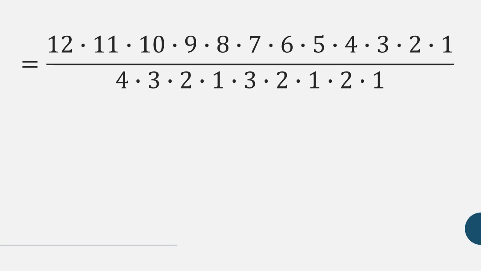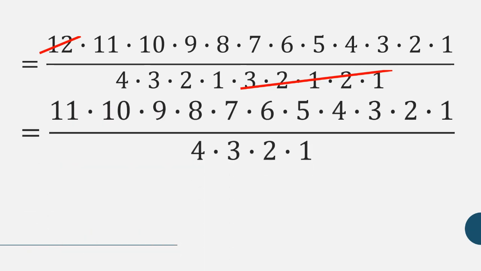So in this case, sinimulan ko ang pagka-cancel kay 12 at tinumbasan ko siya ng 3 times 2 times 1 times 2 times 1. So tinanggal ko na kagad yung 12 para at least nawala na tayo ng malaking number na i-multiply. Okay? So ano na lang natira? Meron na lang tayong 11 times 10 times 9 times 8 times 7 times 6 times 5 times 4 times 3 times 2 times 1.